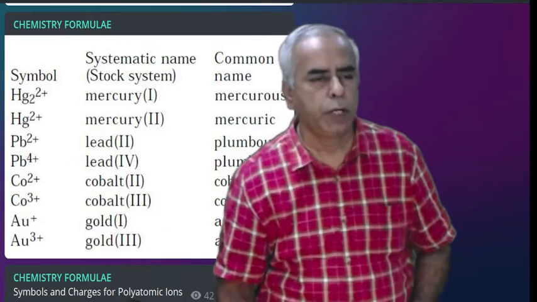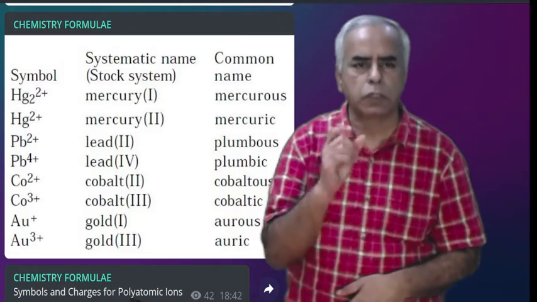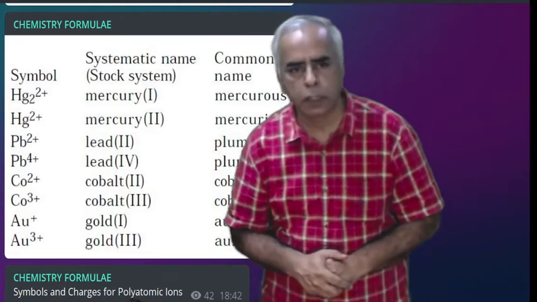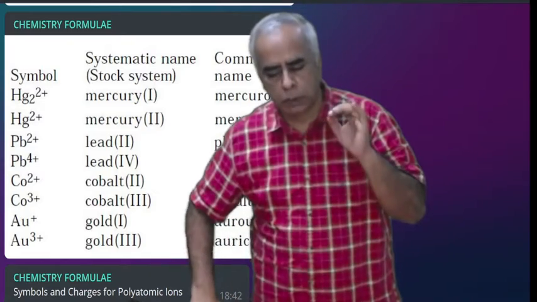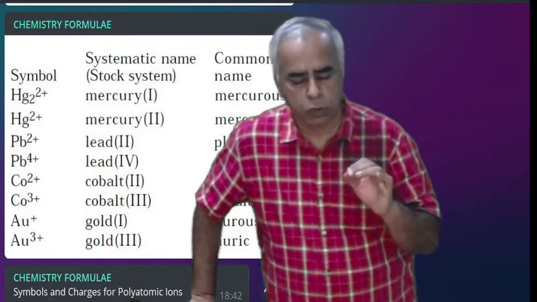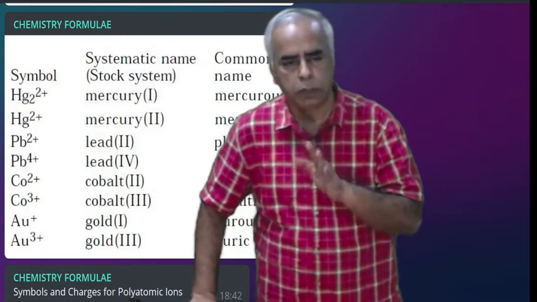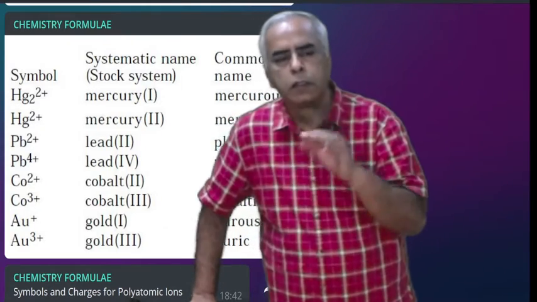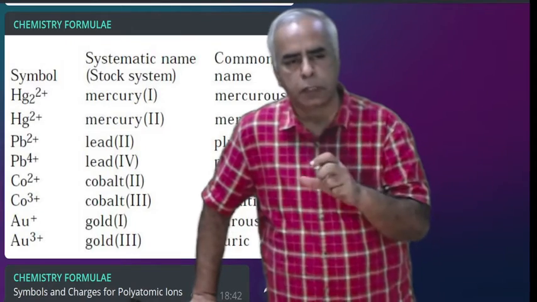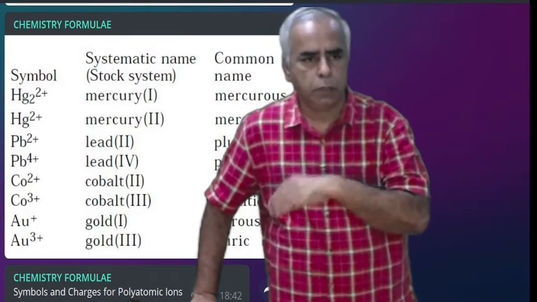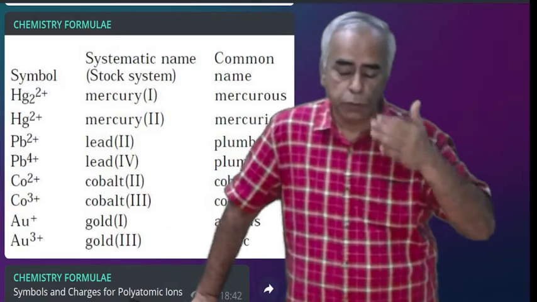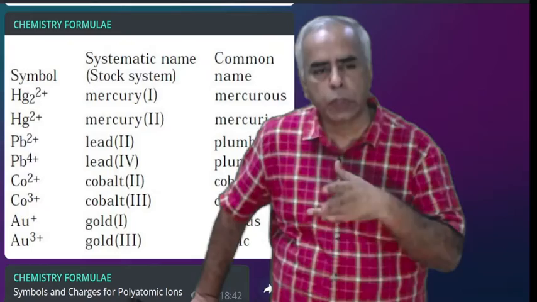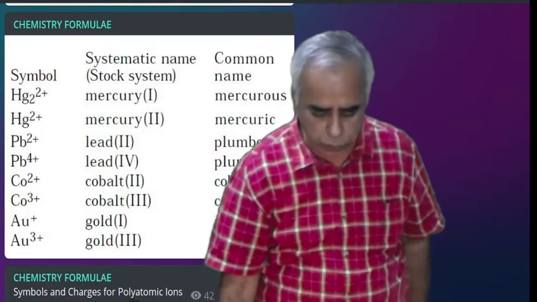And we have mercury. Mercury has a specific unique naming: mercurous and mercuric. Here mercurous is Hg2 2 plus. Actually it is Hg plus only, mercury 1, but since it is a dimer, it is represented as Hg2 2 plus. At the same time you have Hg2 plus also, but that is not a dimer; that is the mercuric ion, mercury 2.